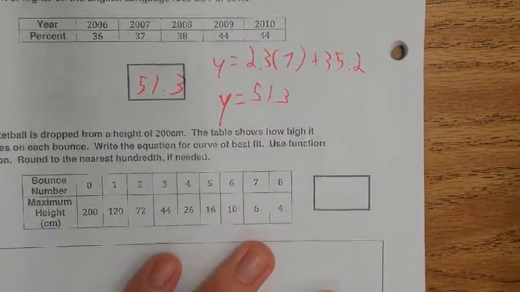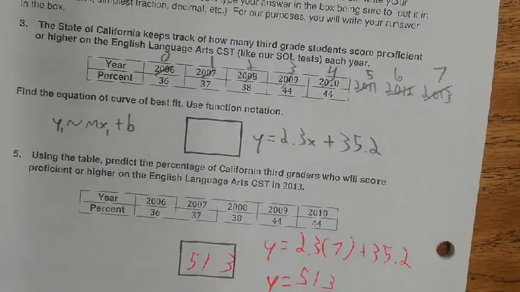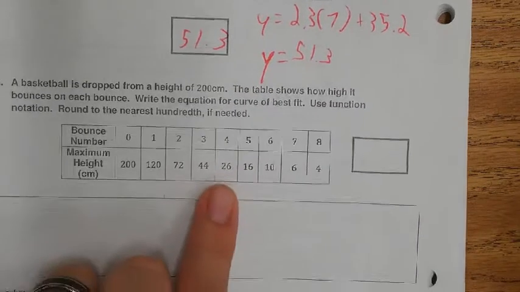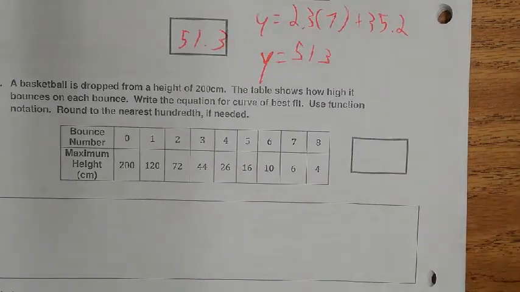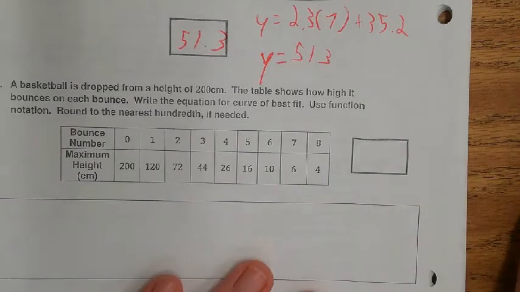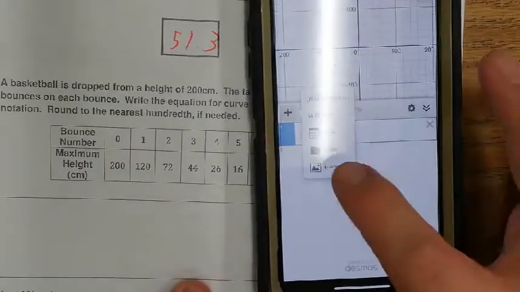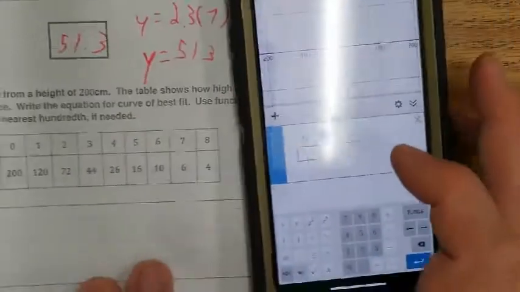All right, so just in case you don't remember how we got this one, I'll show you how to do it on this one. So we have our table. You come up here and press table, type in the x values.